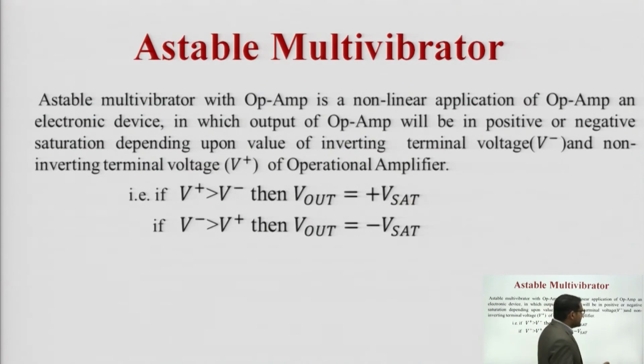Now, the astable multivibrator is basically a non-linear application of the op-amp. It means the op-amp operates in the saturation region.